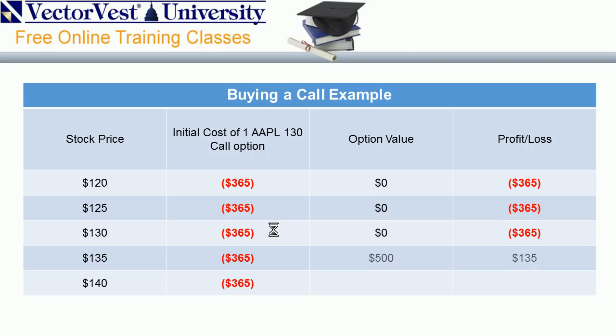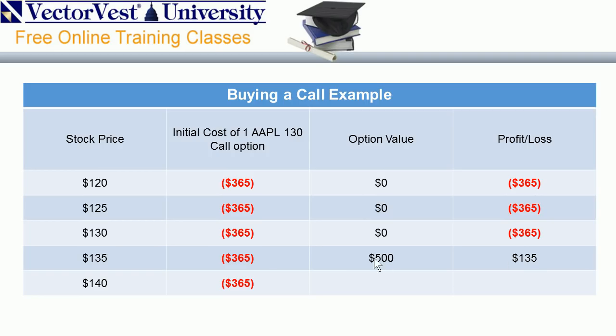Now, let's take a look if Apple were to rise. Well, if Apple were to go from $130 to $135, at expiration of my option contract, the intrinsic value would be $500. Right? I would have the right to buy Apple at $130. It's trading at $135. That would be a value of $500. Now, my profit, if I sold it at that price, would be $135.